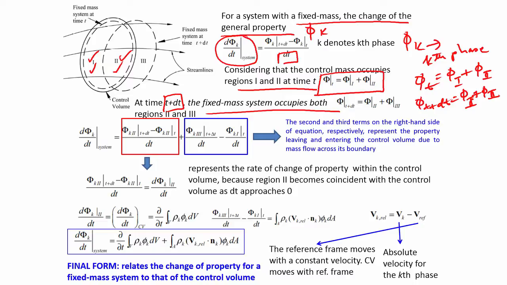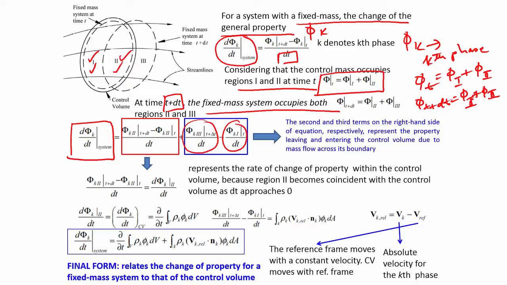Therefore, the rate of change of that property of the system is given by basically two quantities, right. It is the change in region 2 between time t plus delta t and t, and it is the change between region 3 and region 1, right. That is what actually happens.